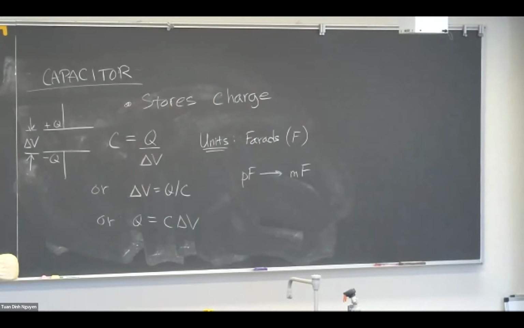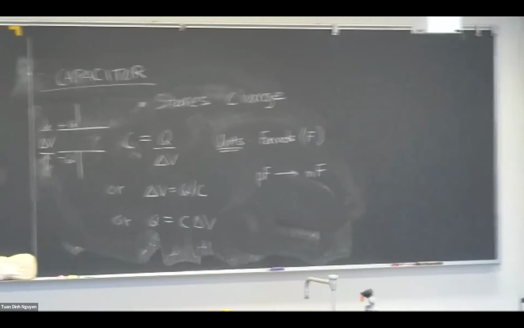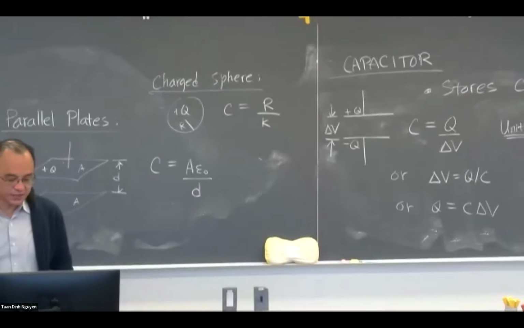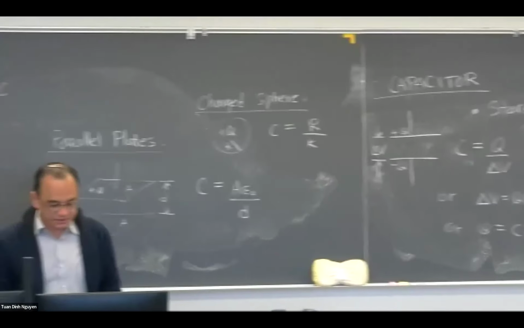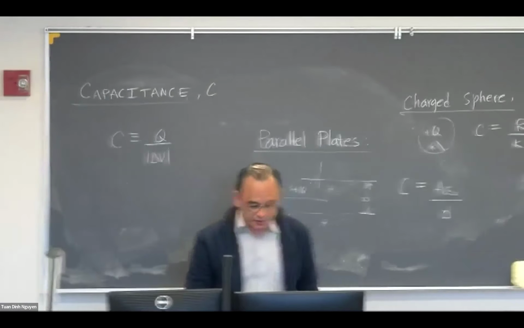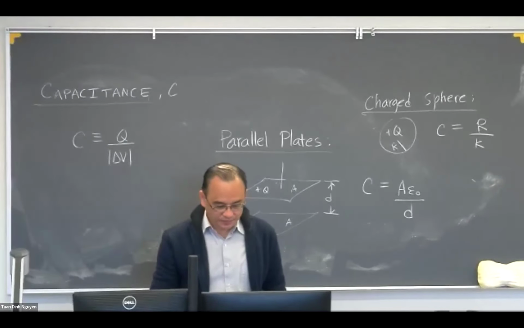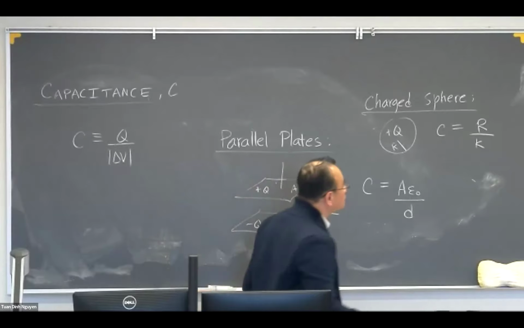Have something on the circuit board that it's storing charge. Now, if you go to AC circuits, capacitors have different properties that are used, and we won't get into that now.